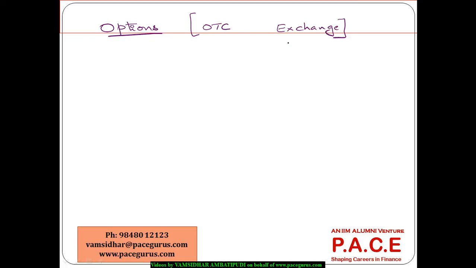Whenever something is exchange traded, it is more standardized, more marketable, and has a lot of liquidity. Whereas the more it is OTC, these issues crop up, but it is more customized and negotiated, and other advantages come up.